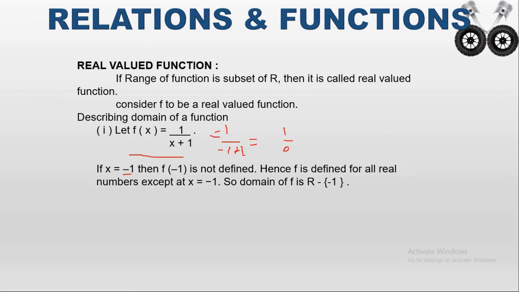Any number divided by 0 is not defined. So it is not a real number. So you have to write the domain as R minus minus 1. It will not contain the value minus 1.